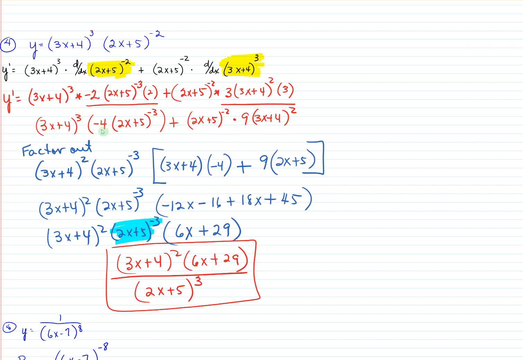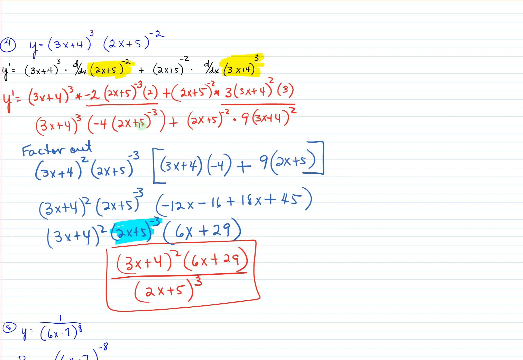And you have a lot of the same things, and you want to factor this out to clean it up. So you're saying, I've got a 3x plus 4 in both pieces. I've got a 2x plus 5 in both pieces. Remember that you always want to factor out the smaller of those. So the 3x plus 4, I have 1 to the third and 1 to the second. So I'm going to factor out the 1 to the second.